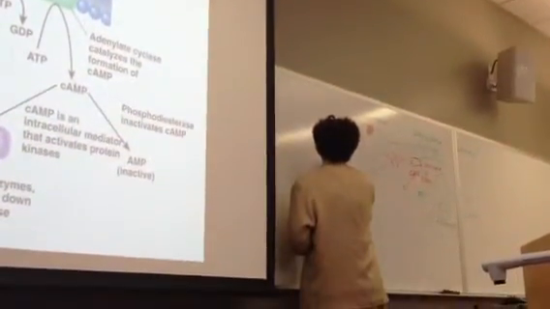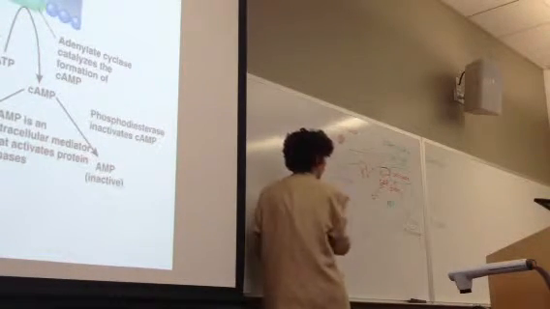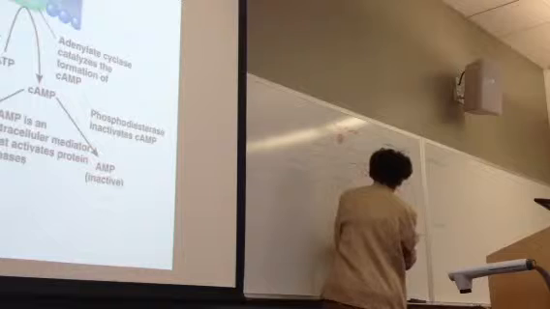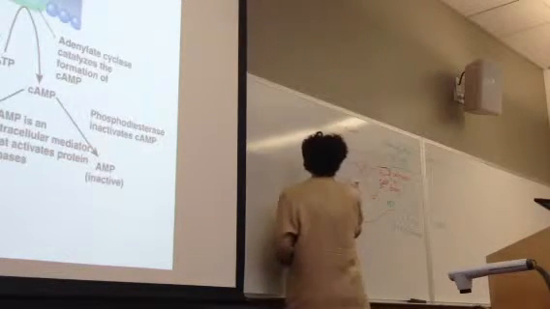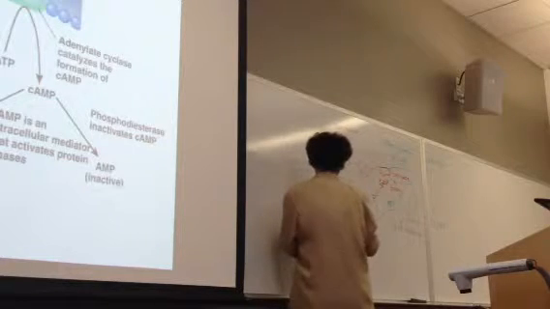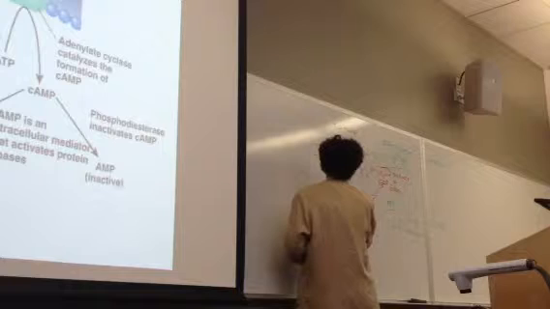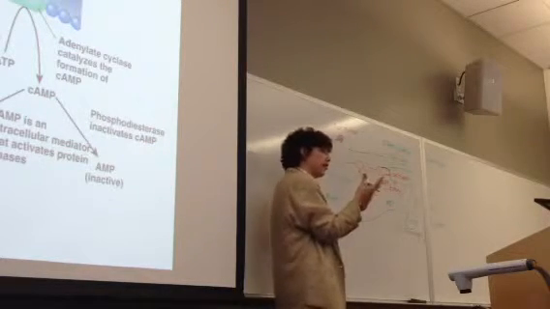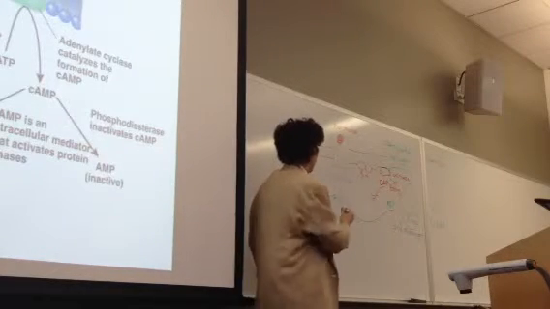In this case, it's a specific protein kinase A. So cyclic AMP will interact with protein kinase A, change its shape conformationally, so chemically it can activate other molecules.